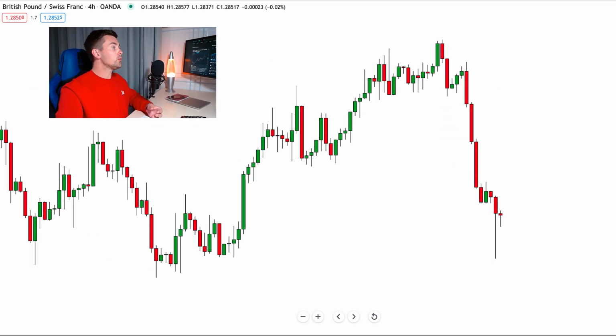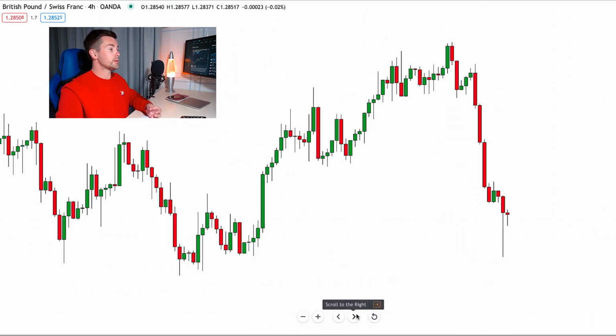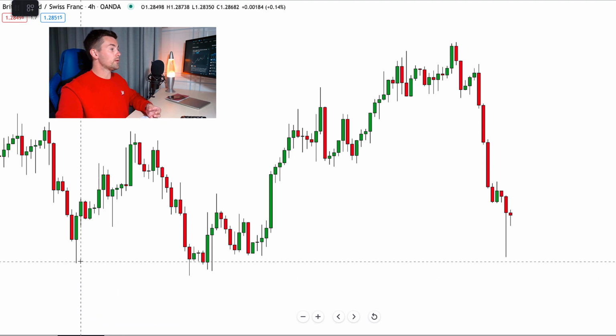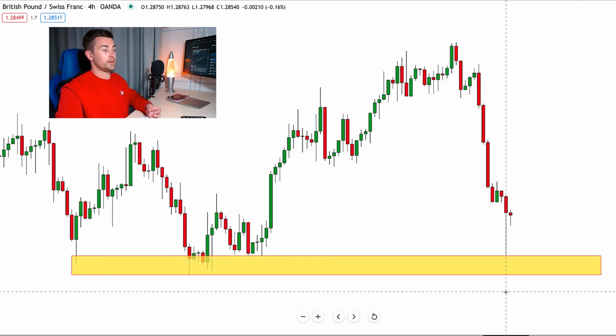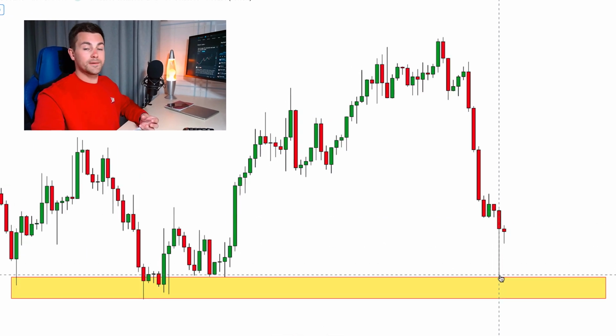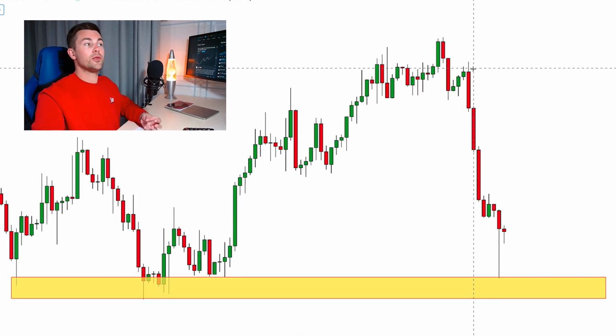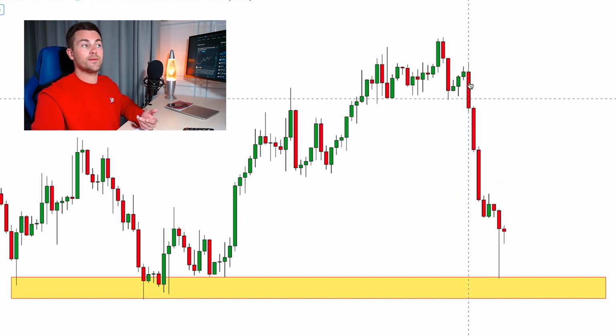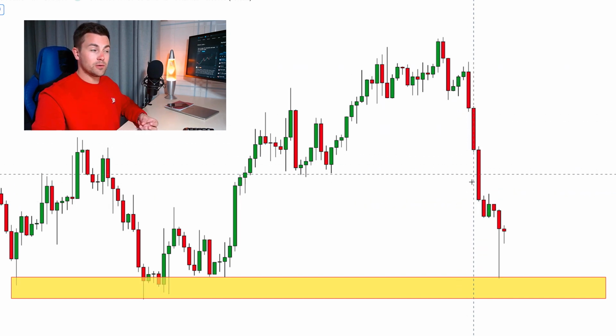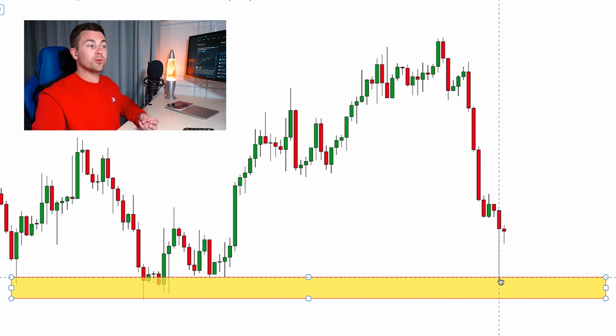So if we look left at the structure on pound Swiss, you can see a very strong structure support right here. Once the price reached that support, though we saw a very strong bearish continuation right here, once the price reached that structure, buyers started to buy, and we see that a lot of buy limit orders were placed right here.